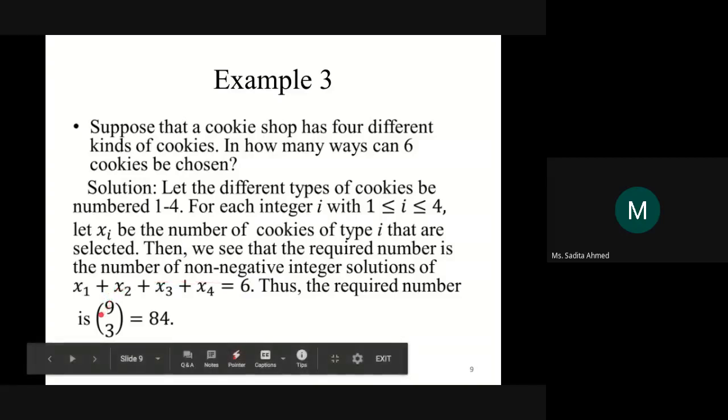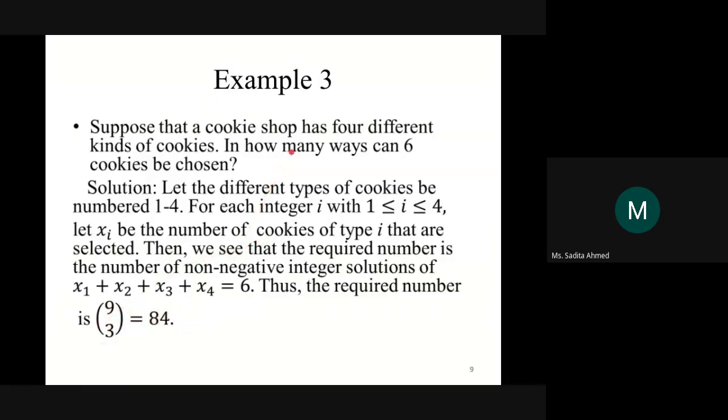So n plus r minus 1, that is 4 plus 6 minus 1, gives us 9. Then n minus 1, 4 minus 1, gives us 3. So 9C3 will be the total number of ways to choose 6 cookies from 4 different categories. Okay, so that's how you can do it. Make sense, guys? Yes, miss.